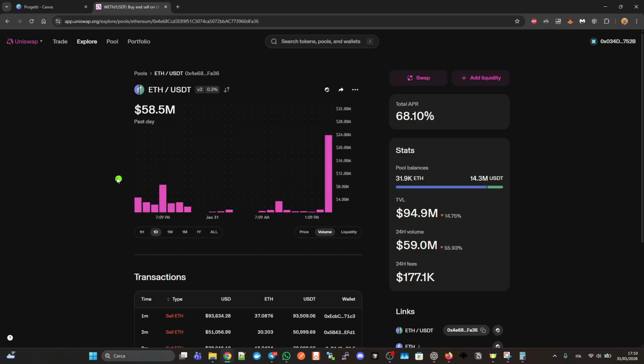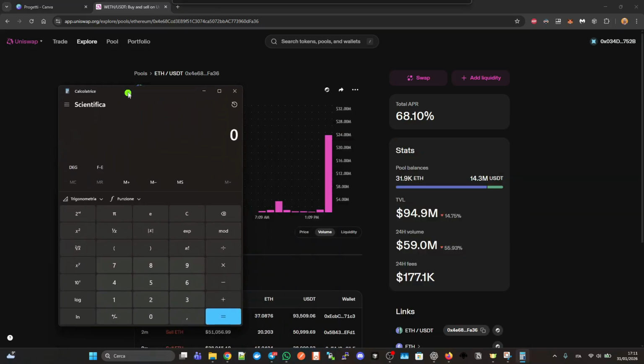But what's important, of course, is the 24 hours fee that you can calculate since you know that in this case you are in a 0.3% fee tier. You can make a very simple calculation.